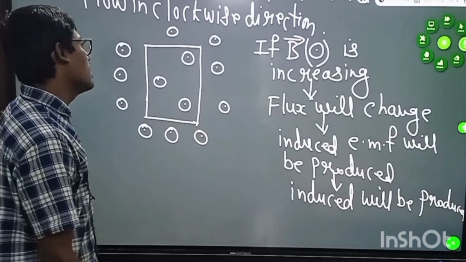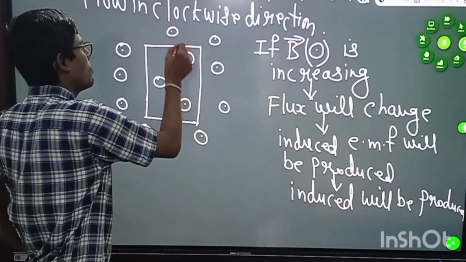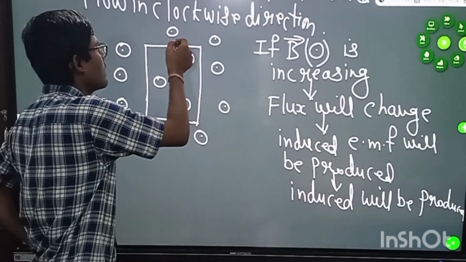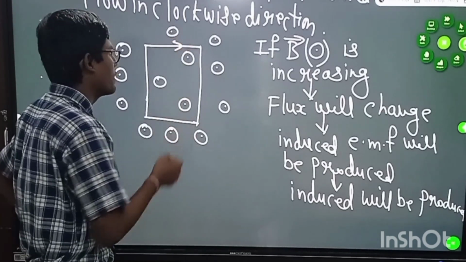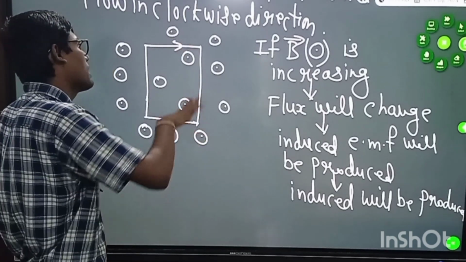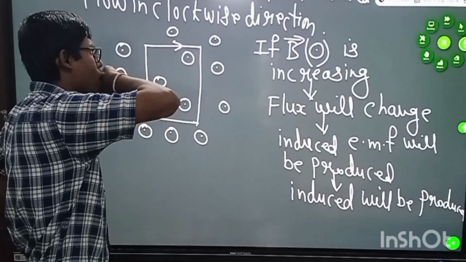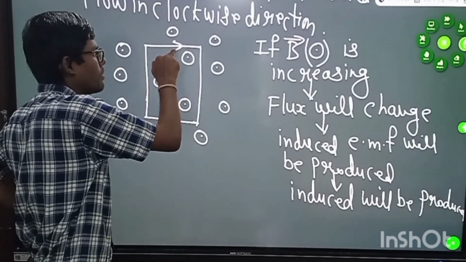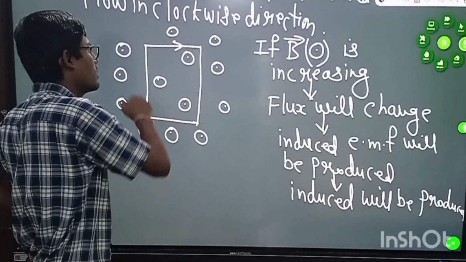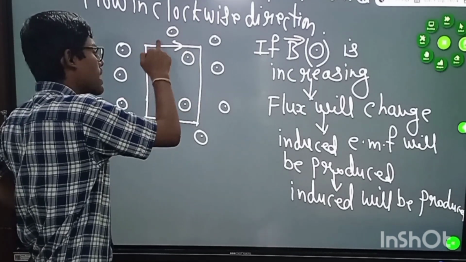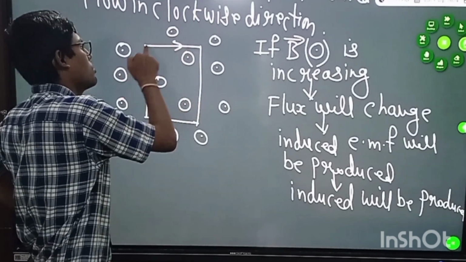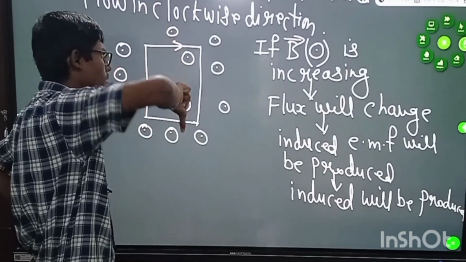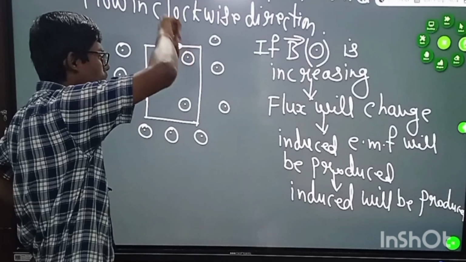Let us see. Let us suppose the current flows in clockwise direction. Then what will happen? Because a current-carrying conductor also produces a magnetic field, the magnetic field due to this induced current will be inward.